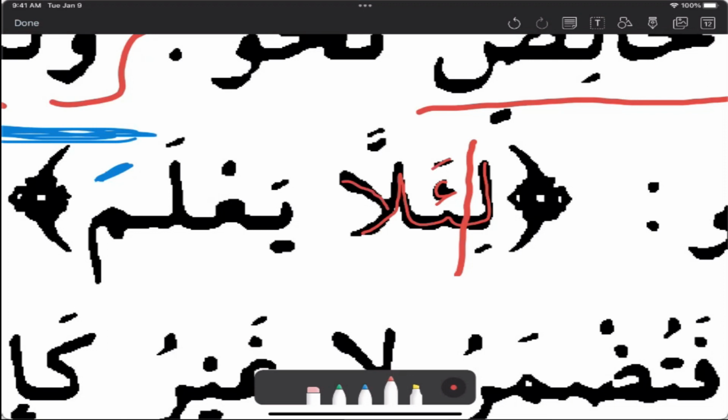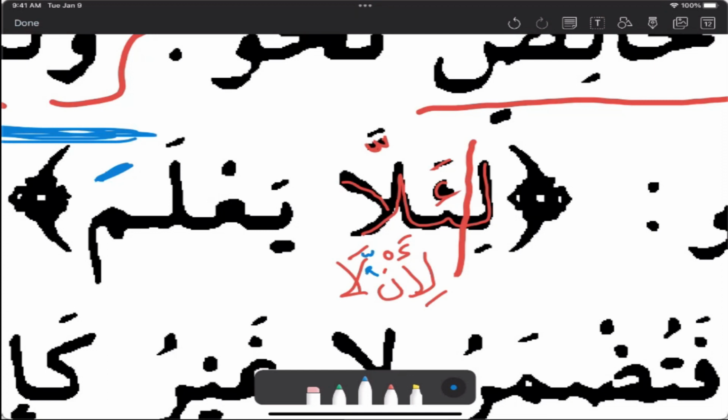So here's Hamza, and this lam has shadda on it. This shadda goes to the lam here. So the origin of that is li and la. Li and la. And you know how the noon in Arabic can blend into the lam. So if you blend the noon into the lam, you'd say li Allah.